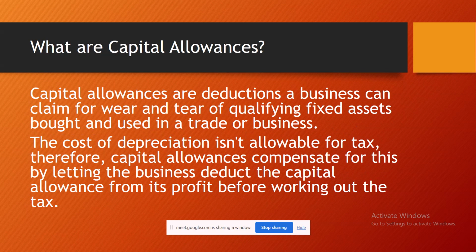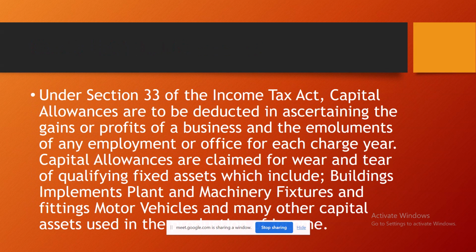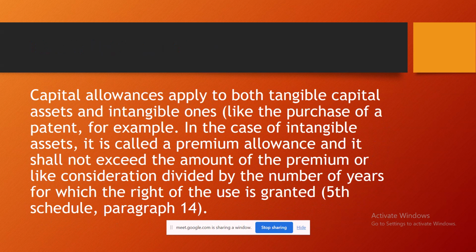Now, under capital allowances, we have a number of capital expenditures that are qualifying expenditure for capital allowances. These include implements, plant and machinery. We have also industrial building capital expenditure, and commercial building capital expenditure.